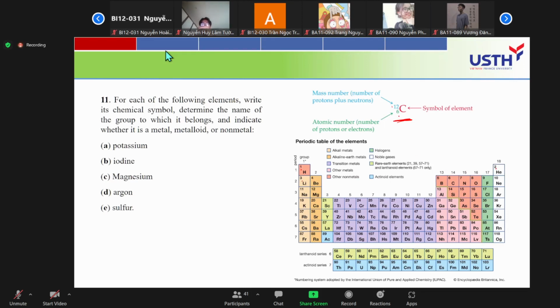In the periodic table, you have some different colors here.